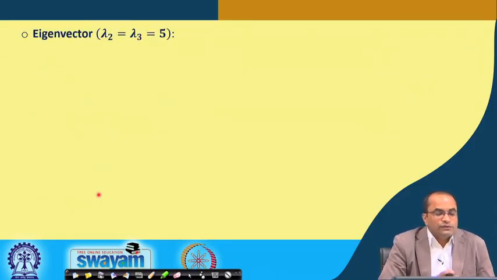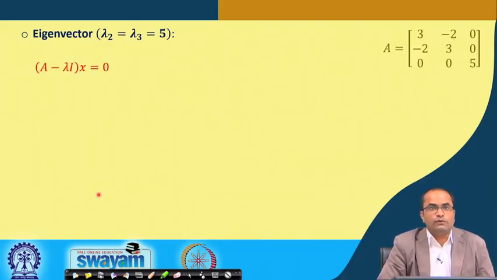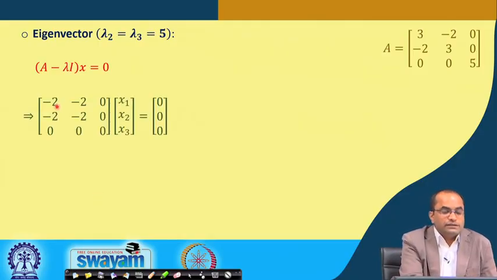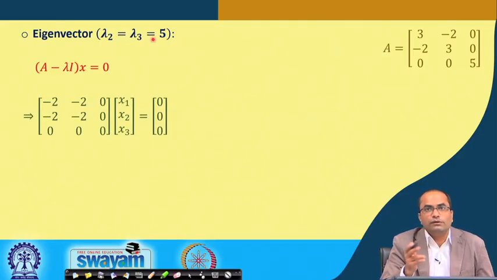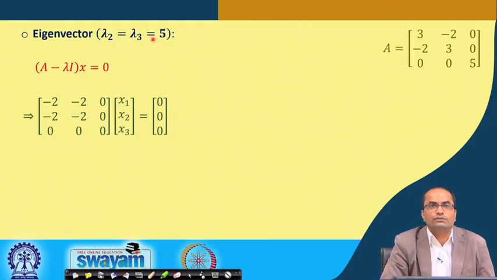Moving to the other one. So, we have lambda 2 is equal to lambda 3, the two eigenvalues are equal there, which is 5. If we set up the system of equations for this given A, the 5 will be subtracted from the diagonal entries. So, we will get minus 2 here, minus 2, and the last diagonal entry will be 0.